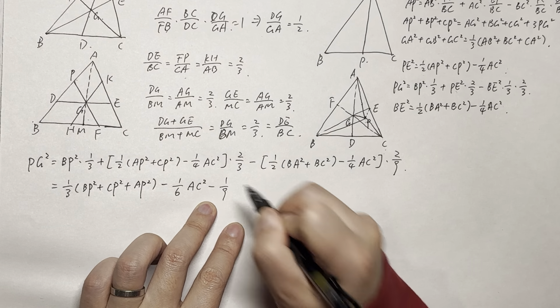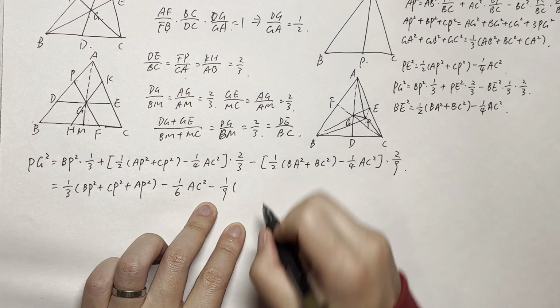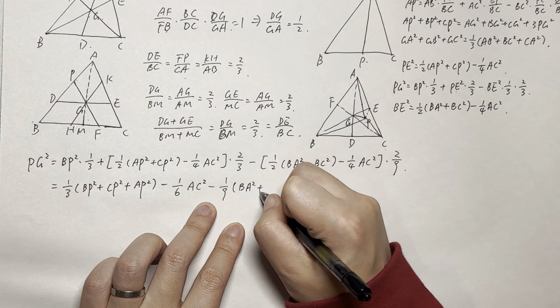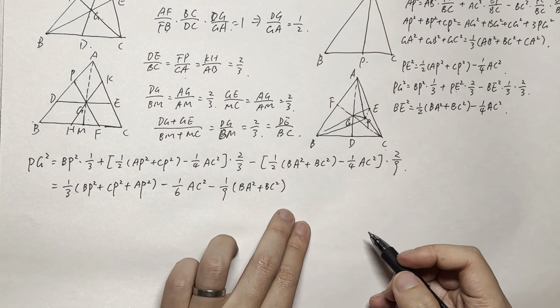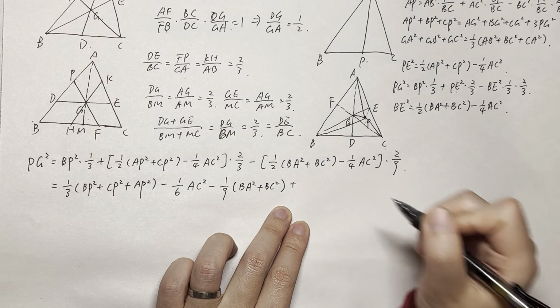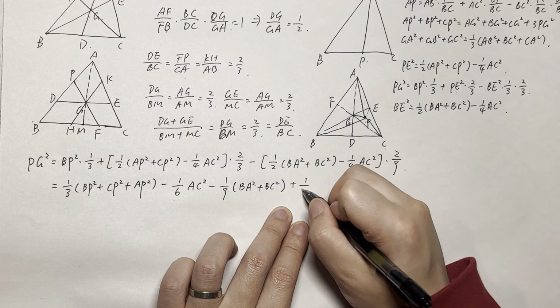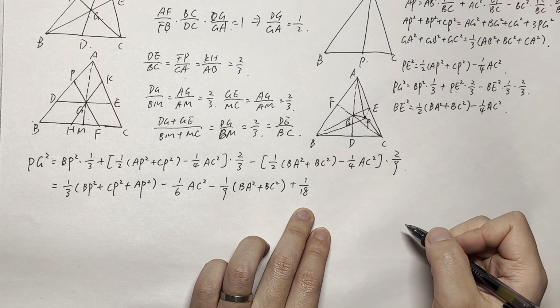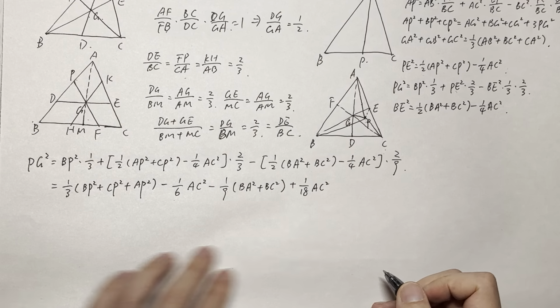That's 1/9 BA squared plus BC squared, right? And for this one, plus 1/18 AC squared, right?